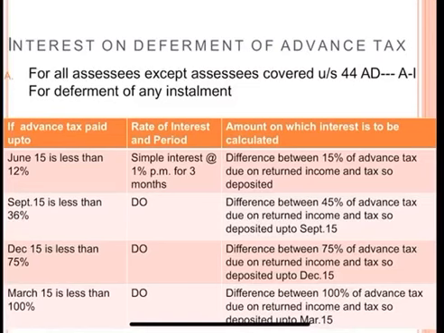Let's suppose advance tax is paid less than 12%, so interest will be charged as simple interest at the rate of 1% per month for 3 months, and the amount on which interest is to be calculated will be the difference between 15% of the advance tax due on returned income and the tax so deposited. So the penalty is 1% simple interest for 3 months. Similarly, the third and fourth installments will have their own clauses.